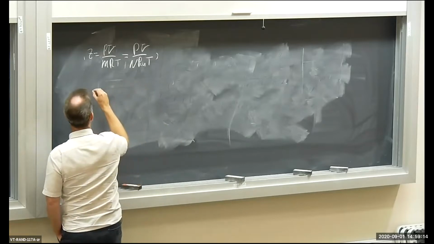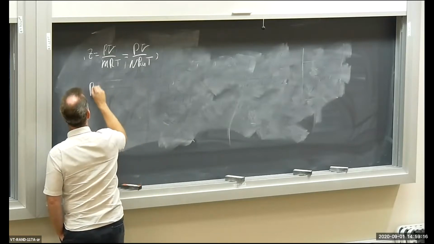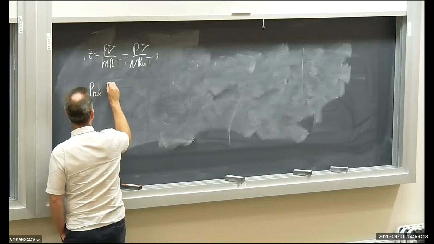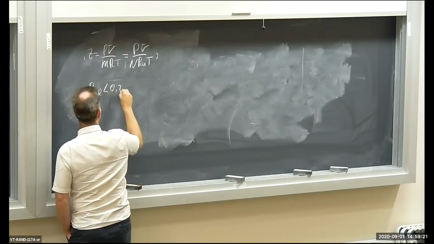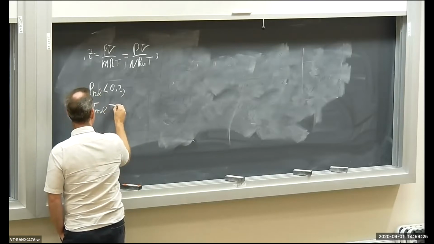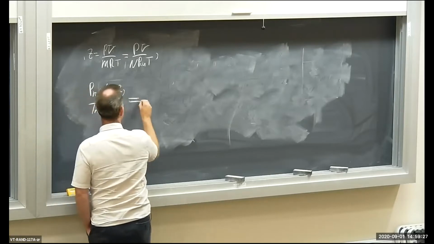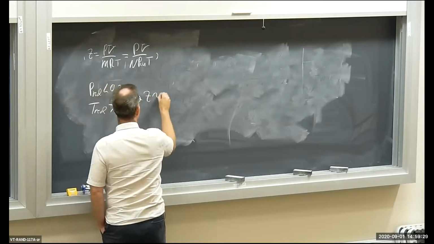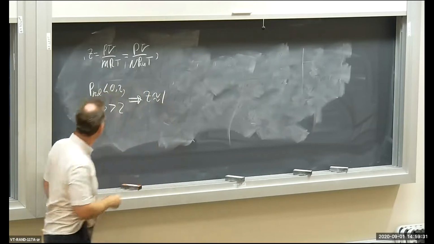And for reduced pressure less than 0.2 and reduced temperature greater than 2, Z is approximately equal to 1.